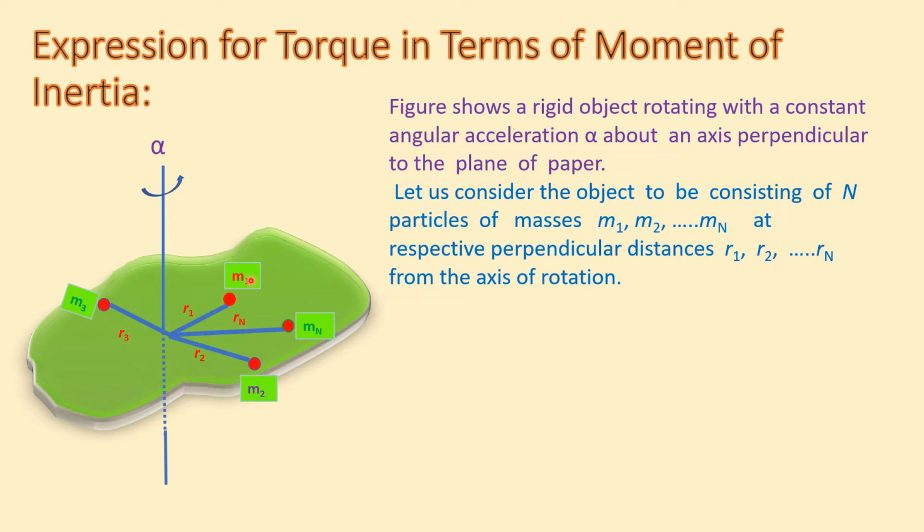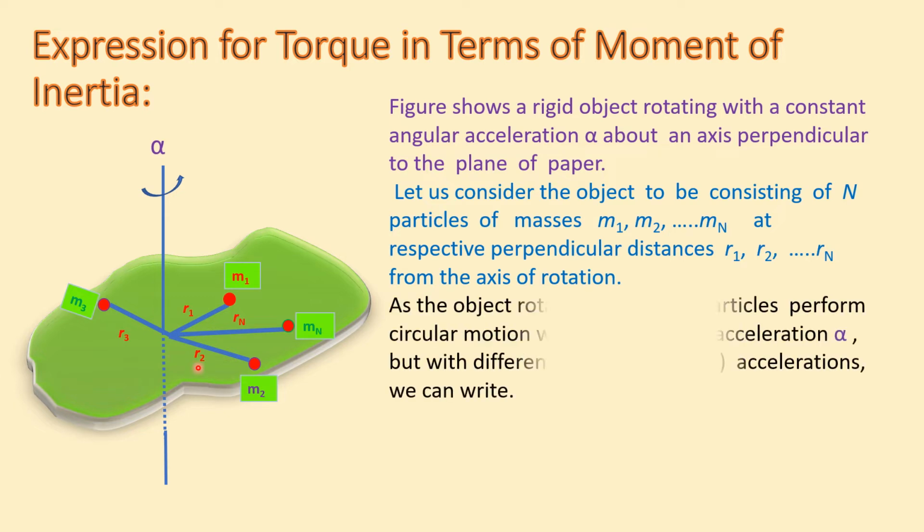That means the mass particle m1 is at a perpendicular distance r1, mass particle m2 is at a perpendicular distance r2, mass m3 is at a perpendicular distance r3, and so on. The mass particle mn is situated at a distance rn from the axis of rotation.